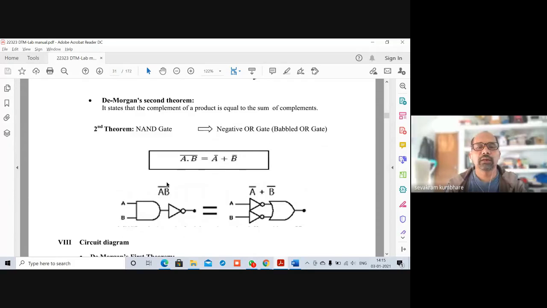It can be implemented by first taking A dot B, for which we are using an AND gate. After that we are taking NOT of that, so AND and NOT makes it NAND, which is equivalent to NOT of A, NOT of B, and OR of those, which will give us A bar plus B bar.